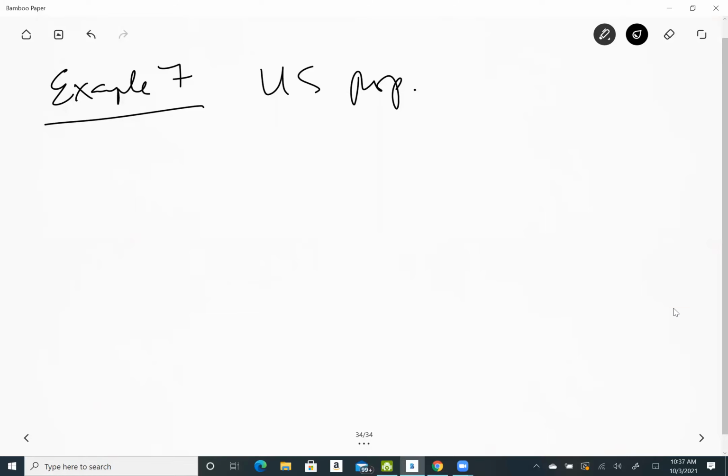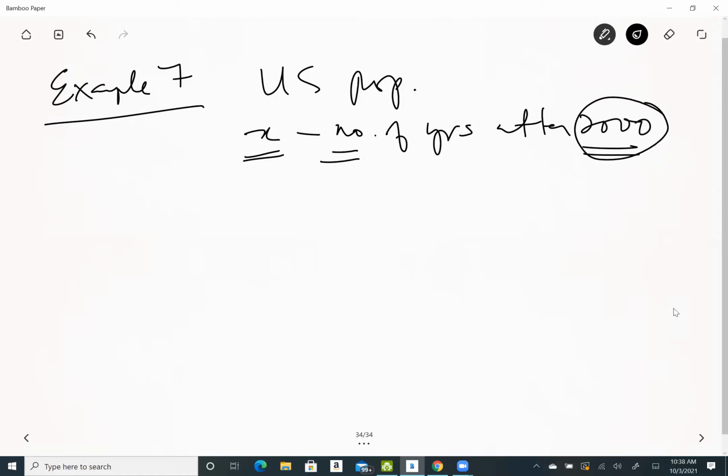If you look at it, x is the number of years after 2000. Now here we are given the year 2000, but when you look at x, the independent variable, which we assign the letter to, x is the number of years after 2000. Now when you put the values of x, you don't put 2000, because it's the number of years.